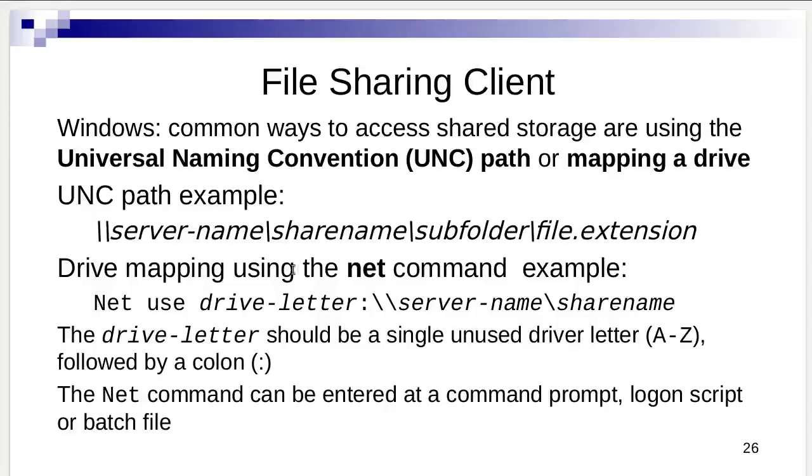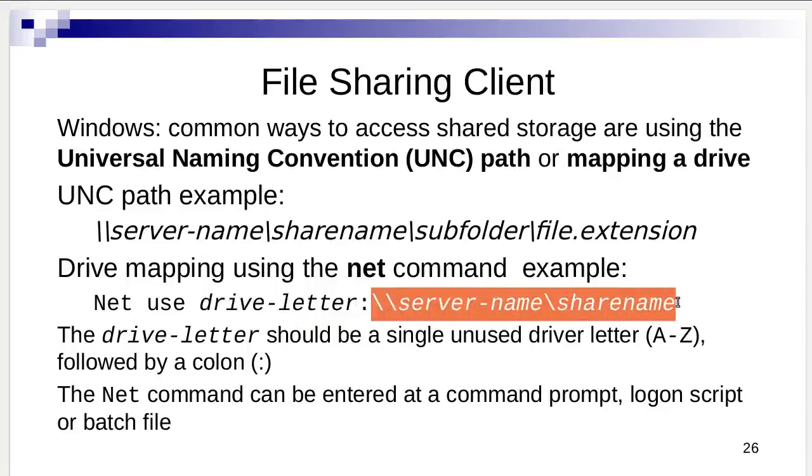Drive mapping uses the net command. So for example, you can use net, that's the net command here, and then the second word in the command would be use, and then you can have a drive letter like E or F or G. Actually, you could use anything between A and Z followed by a colon, and then the complete path to the share name. So once again, this allows you to use a single letter later on, so you can say CD, or you can just type in the letter.